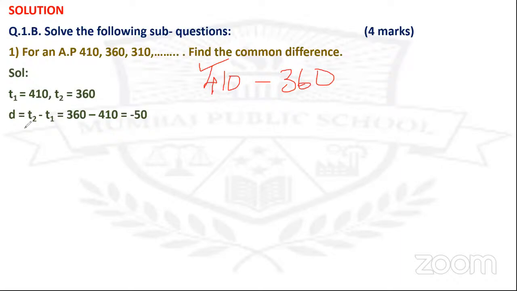I said go with the formula. May it be smaller or greater, whatever is term 2 is only going to come second. First, that is 360 will come first. Then T1 will come at the end. So you'll get that as 360 minus 410. So the final answer is minus 50 after the calculation.